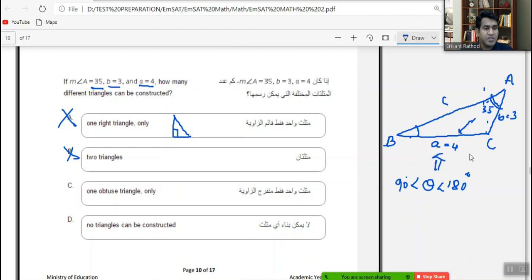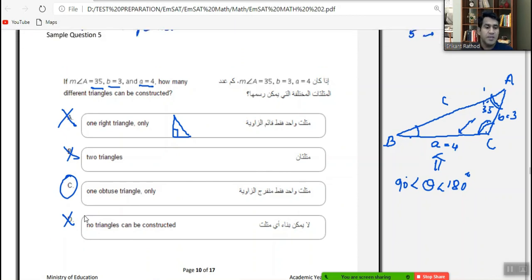This is the example, where this angle is definitely greater than 90 degrees. So one obtuse triangle, yes, this will be the correct answer. No triangle can be constructed? We can construct the triangle as we have shown here. So the answer to question number 5 is going to be C.